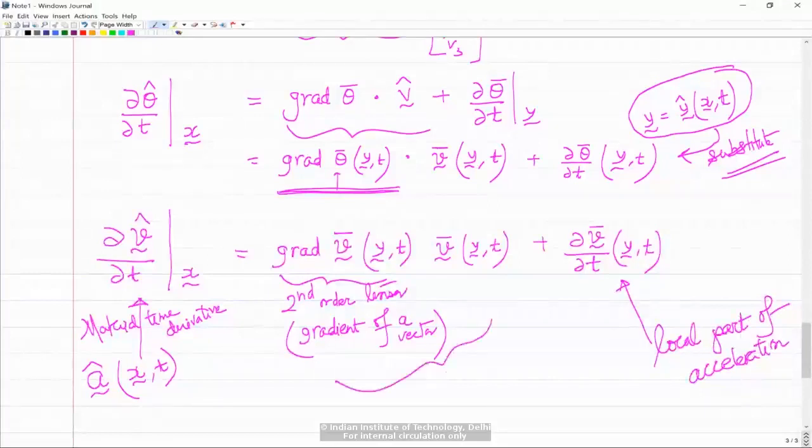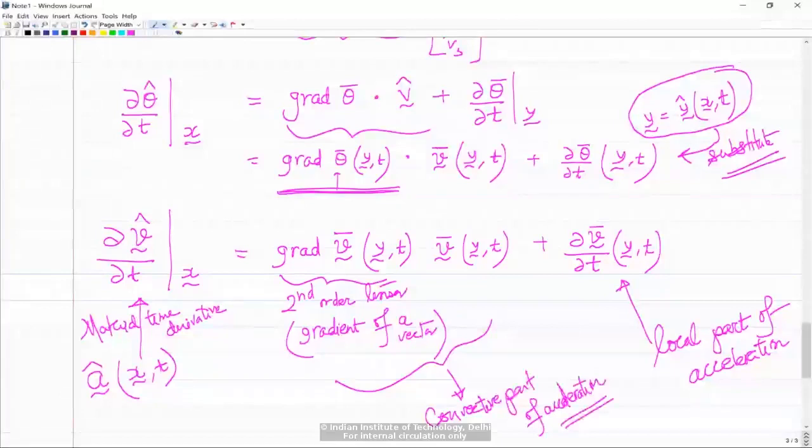And this part is called the convective part of acceleration. That is arising because of the convection of particles. So in fluid mechanics, you must have come across this, that acceleration has two parts. Any questions so far?